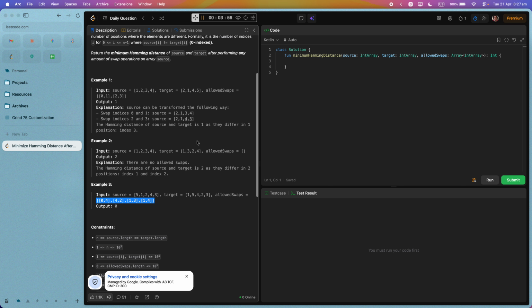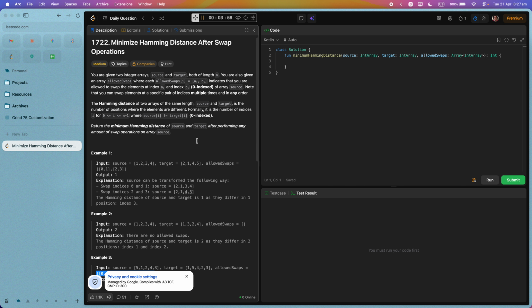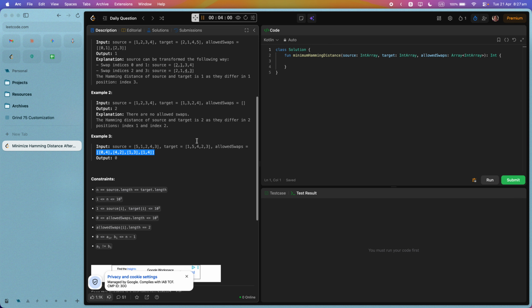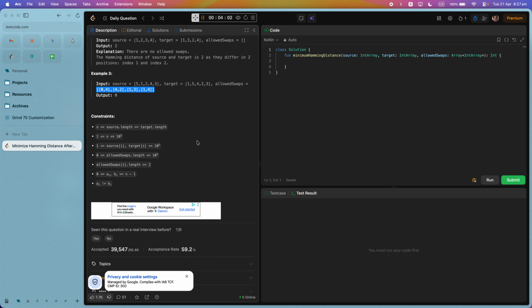Okay, I still don't know how to solve this. What are the constraints? The lengths are equal, this is fine. The numbers are positive, that's fine. We are in the 10 raised to 5 range, that's fine.